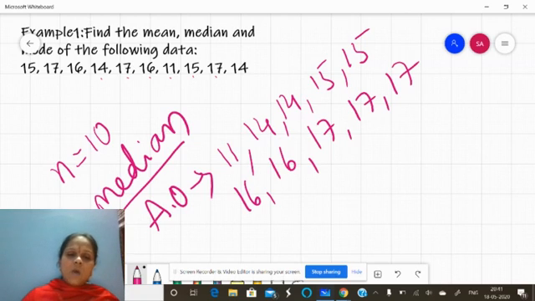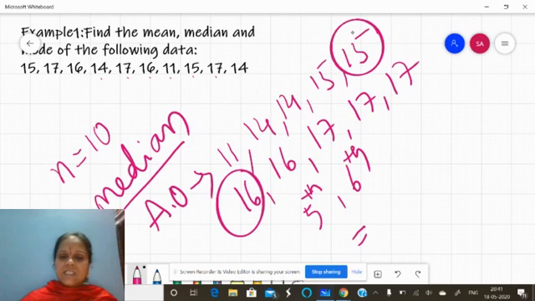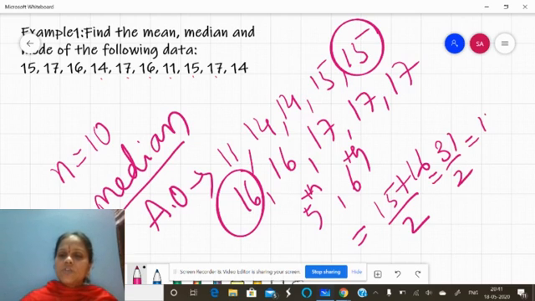Right. Now as the number of terms are 10, n by 2 is 5. So I have to take 5th and 6th terms and find out their average. So this is the 5th and this is the 6th term, and I will add and find out the average, which will be equal to 15.5. So this is how I calculate the median for the given data.